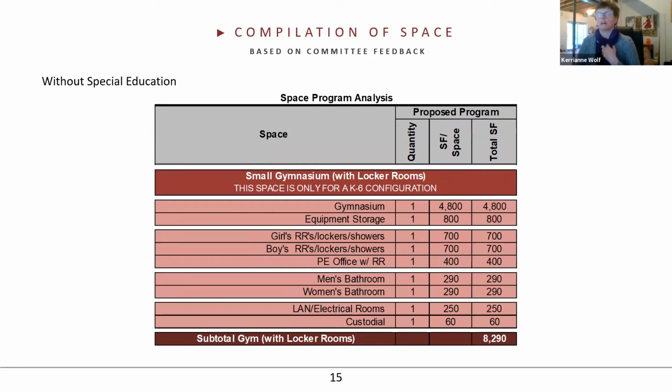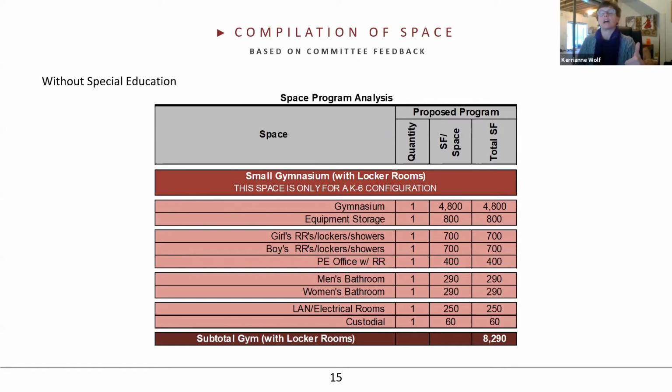Because we are unsure at this point whether this facility is going to be a K-5 or a K-6, we understand at this point there's not a gymnasium at the elementary grade level. Instead, there's a multi-purpose room. However, if we put the 6th grade at the elementary schools, their physical education curriculum may dictate that they need a gymnasium to deliver the curriculum.